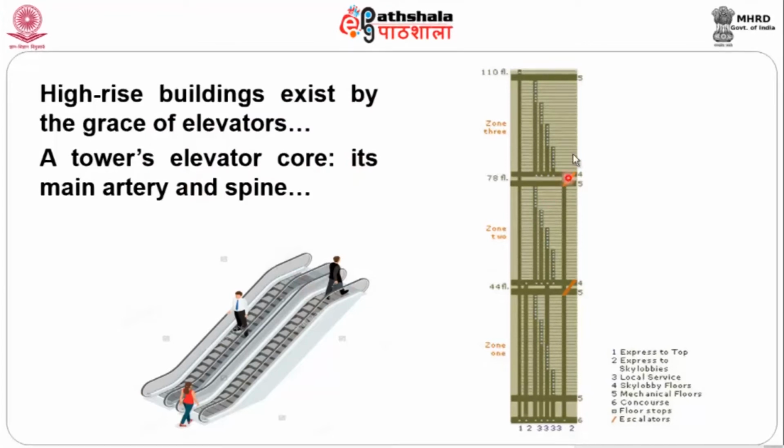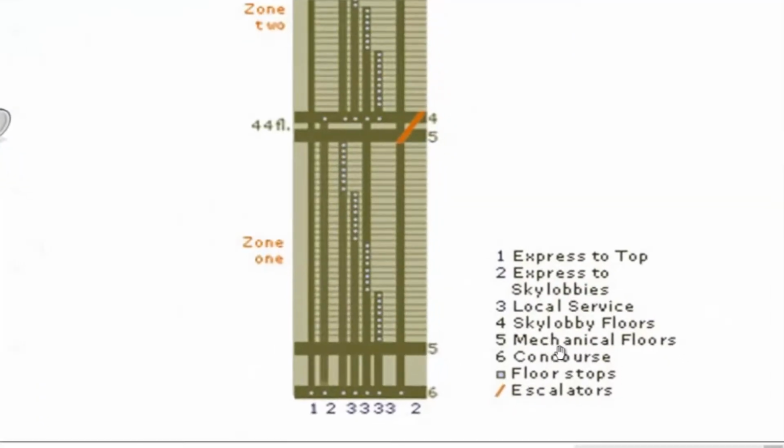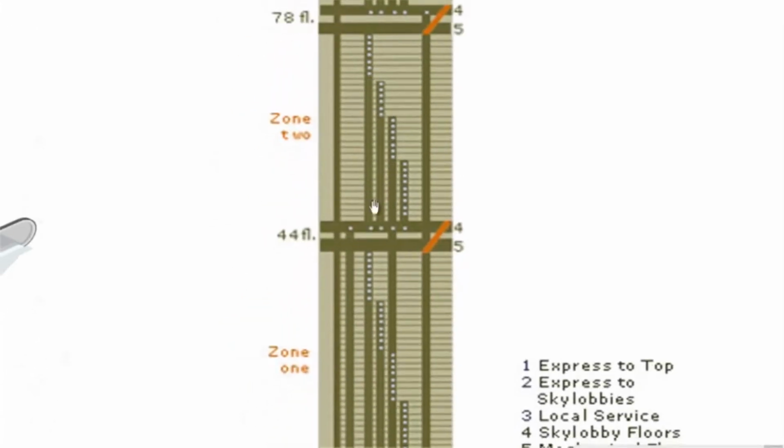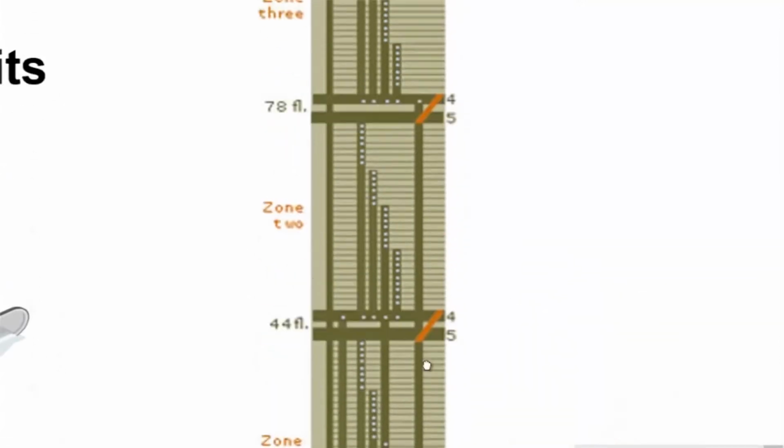As you would notice in this schematic sketch, what goes through into the elevator system. This is an example, where it shows the express that goes up to the top of the building here, and then you will also see the express to the sky lobbies here indicated by 2, and these are the sky lobbies indicated by number 4.